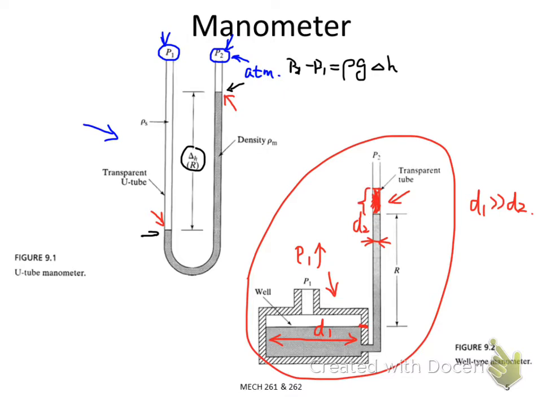So you can simply read a single height on the right hand side tube. P2 minus P1 will be equal to rho g R, where R is the value here. You only need one reading. That's the difference between the well-type and the U-tube manometer.